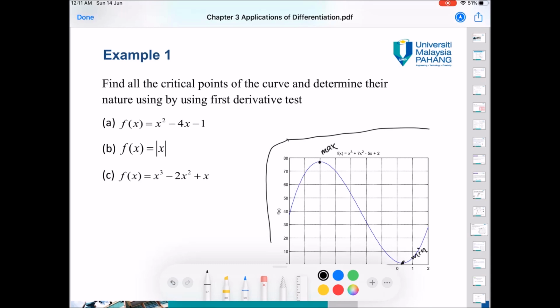Remember, you have to find the critical points first and then determine whether each critical point is a maximum, minimum, or neither. The maximum here, I give you the answer: the maximum here is -5.77, and then the minimum here is 0.331.148.